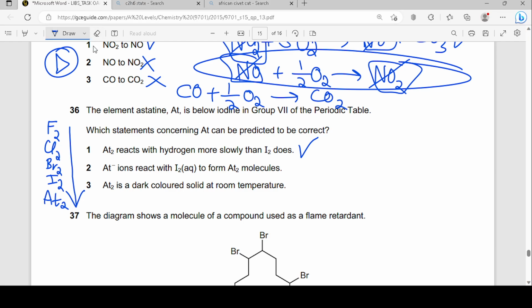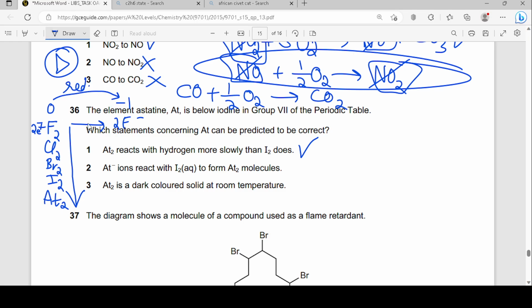So down the group, if I'm considering F2, Cl2, Br2, I2, At2, these are all the pure elemental states, right? This has zero oxidation state, and then they can become F minus and so on, right? So if you add an electron, it becomes a minus one oxidation state. So 0 to minus 1 will be reduction.